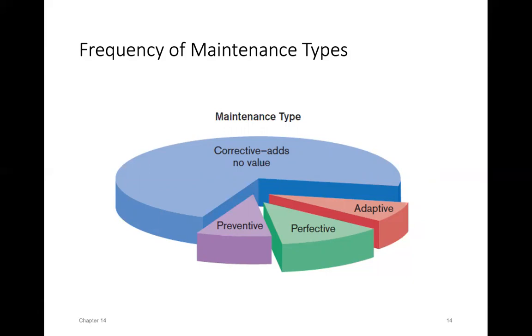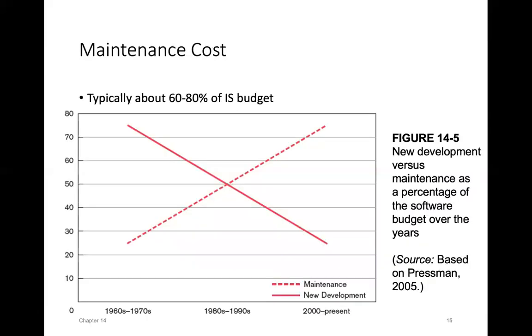So we think about the cost of maintenance. Let's look at the difference of the cost of maintenance over the years, since the 1960s up to today. If you look across the x-axis, we're going across in time from the 1960s and 70s through to the 1980s and 90s and then 2000s to the present. And the y-axis is the percentage of the software budget being spent.